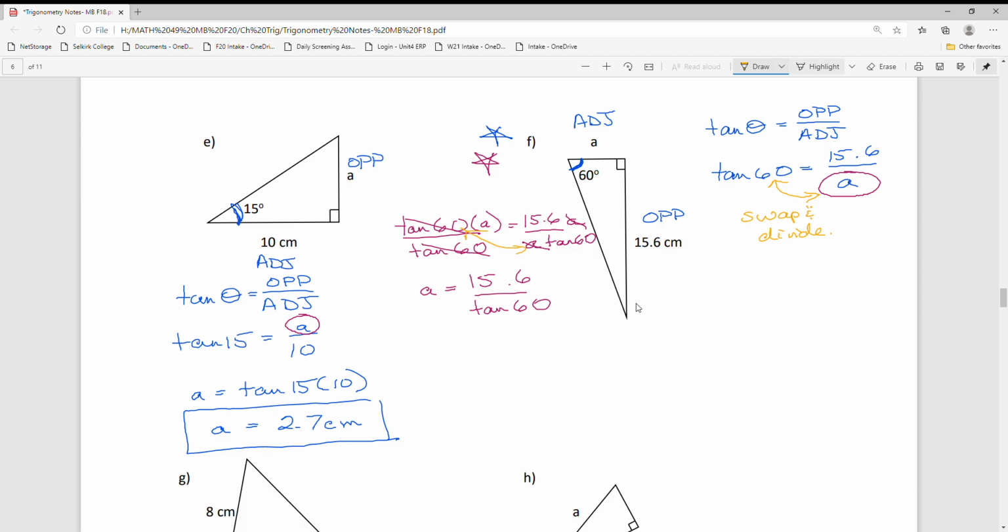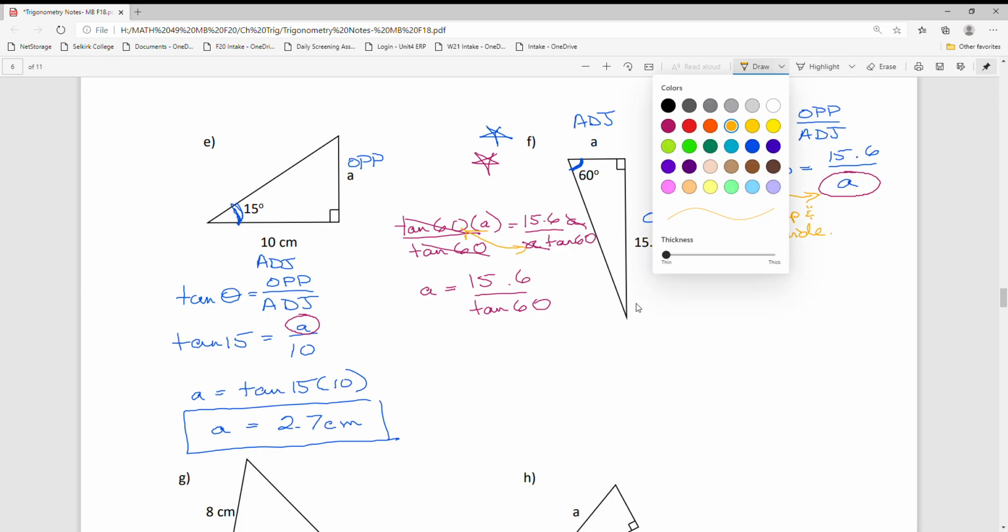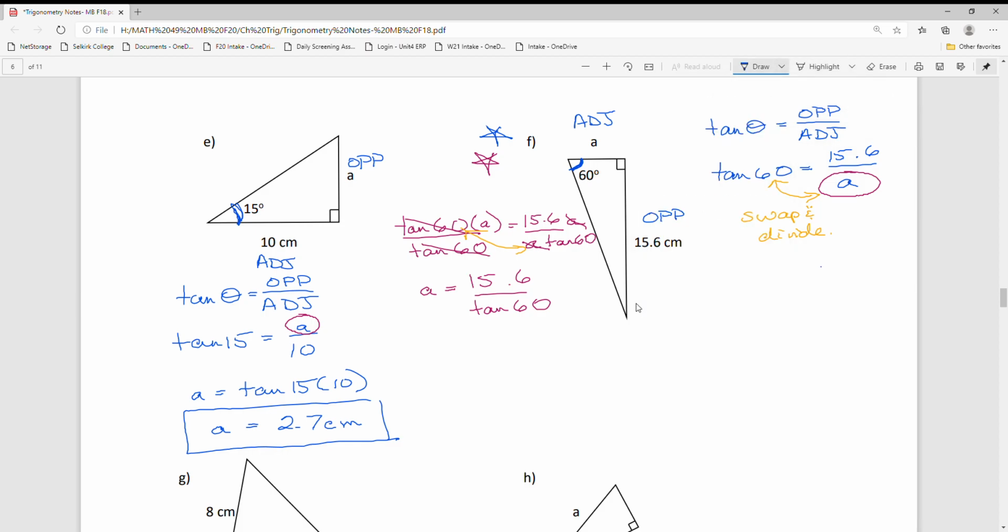And so using this, instead of showing all my algebra work, I'm going to simply write that A equals 15.6 divided by tan 60. And that has shown my work for this swap and divide. And it's also got me ready so that I can put this into my calculator. So this one's a little different, right? The calculator will still work the same, and it should come out to 9.0 centimeters.